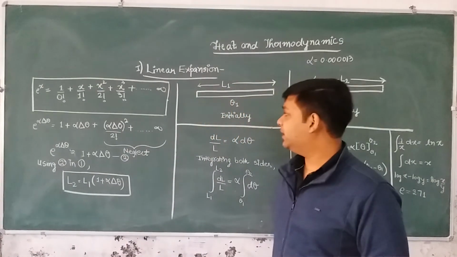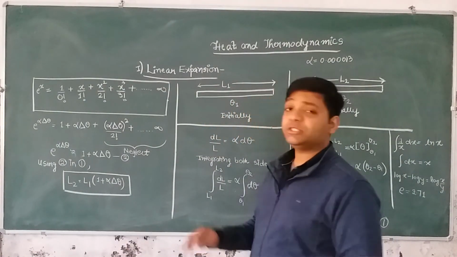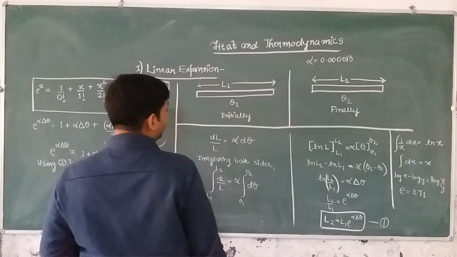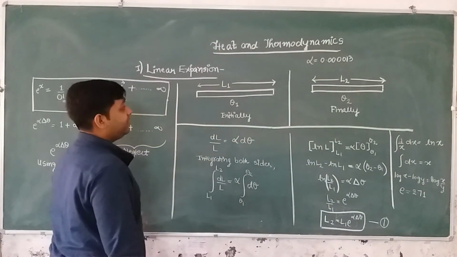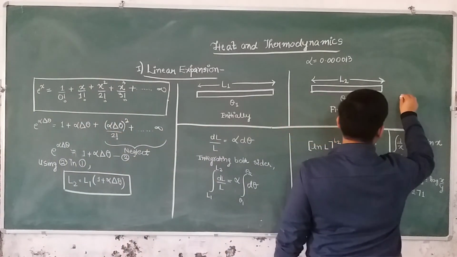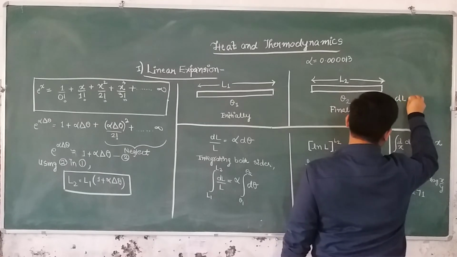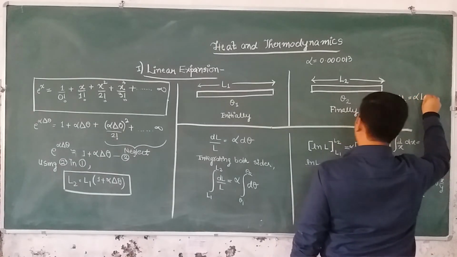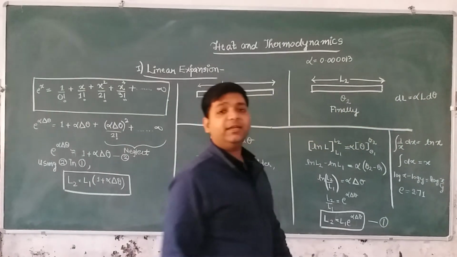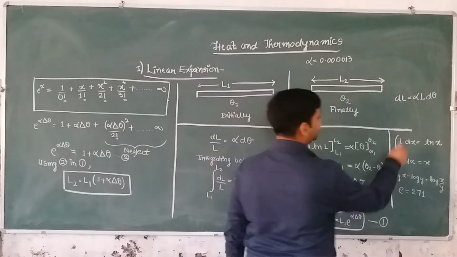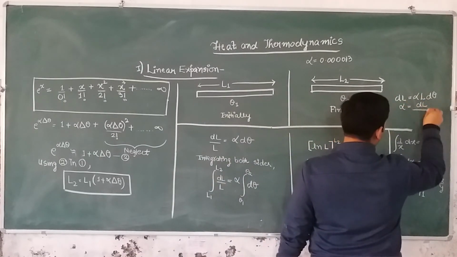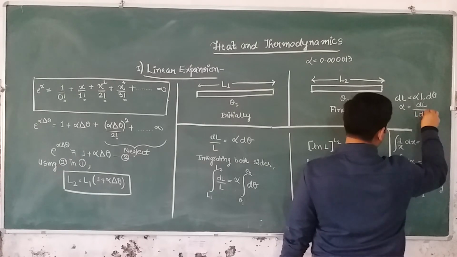And one important thing that you need to know is the definition of coefficient of linear expansion. During the derivation we had dl is equal to alpha L d theta. Using this equation we can define the coefficient of linear expansion. From here alpha will be equal to dl upon L d theta.